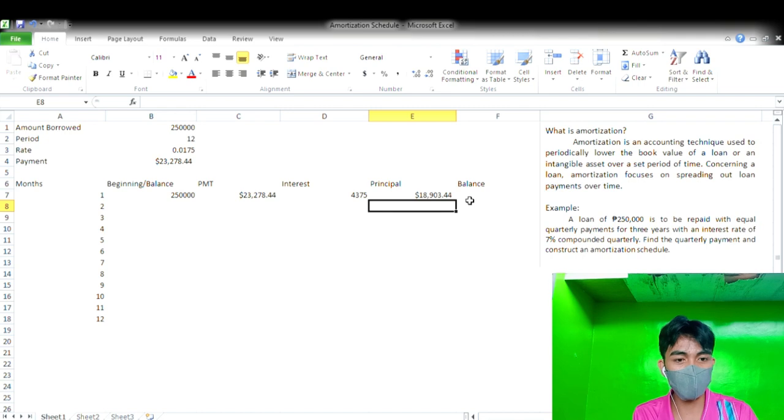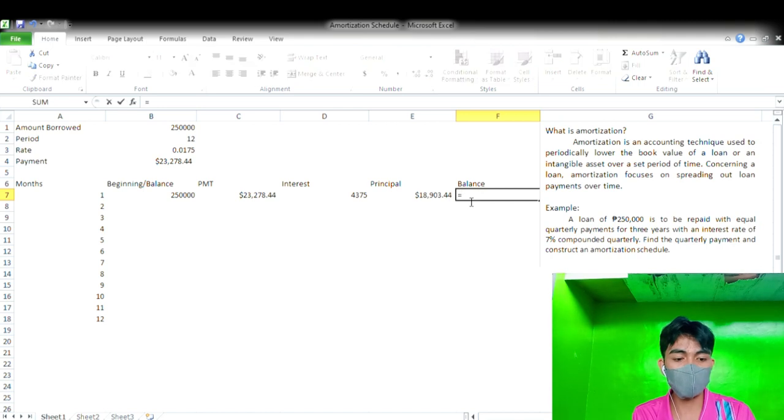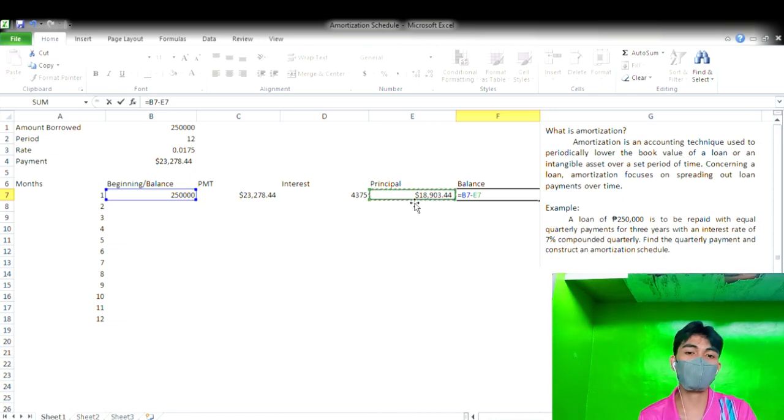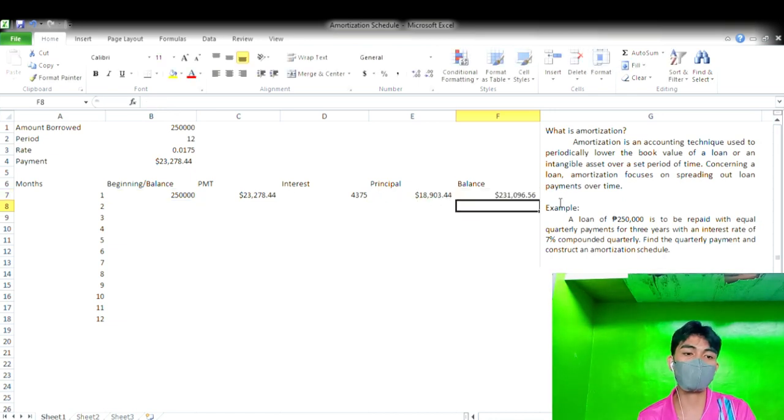And our balance, equal sign, our balance is the beginning balance minus the principal amount, and our balance now is 231,096.56 pesos.